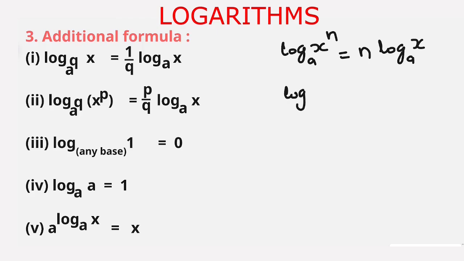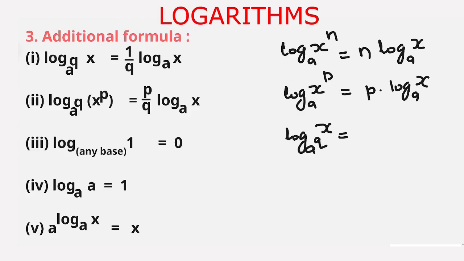So log x to the power p base a equal to p into log x base a, and we recently saw this formula number 1 from this page, which is log x base a to the power q equal to 1 upon q log x base a.